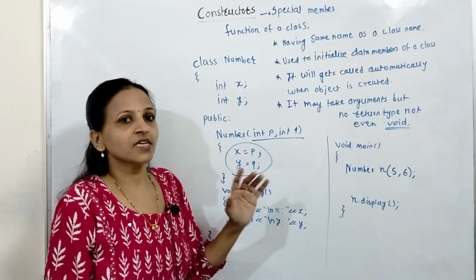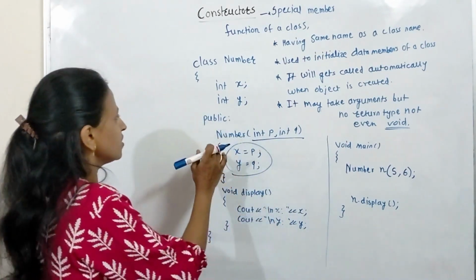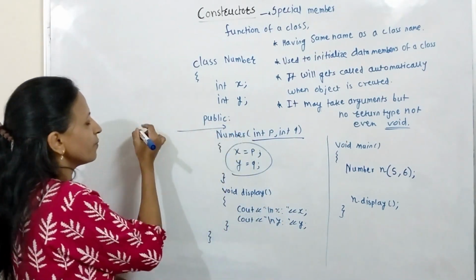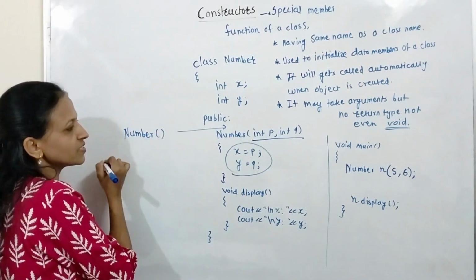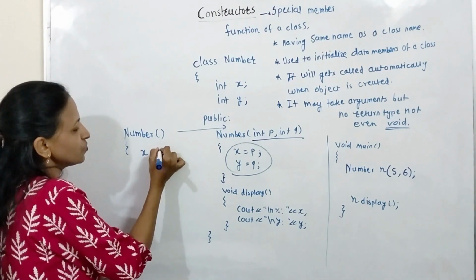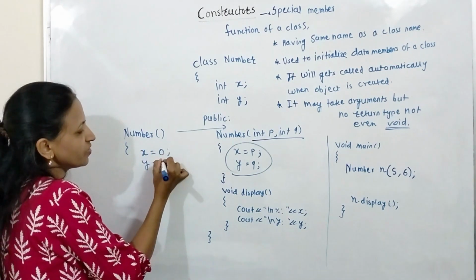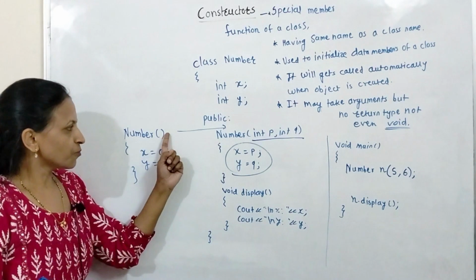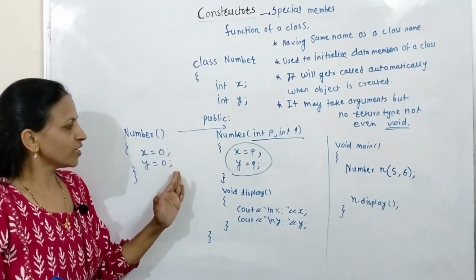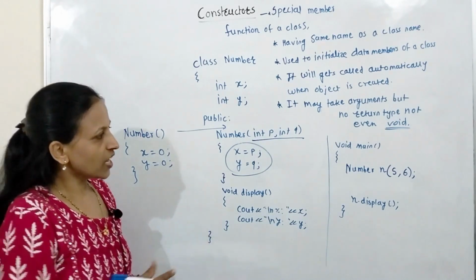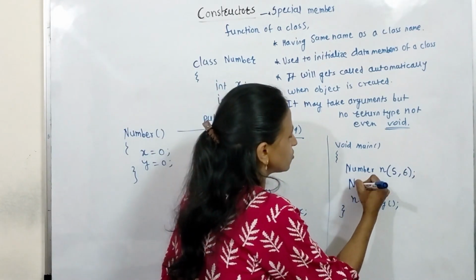In the same class I am going to write one more constructor. It is allowed. See here I am writing one more constructor. Again the constructor has the same name as the class name, and it is used to initialize data members of a class. Suppose I have written this before the parameterized constructor, or suppose I have only written it like this, then what will happen? We can create an object like this also.